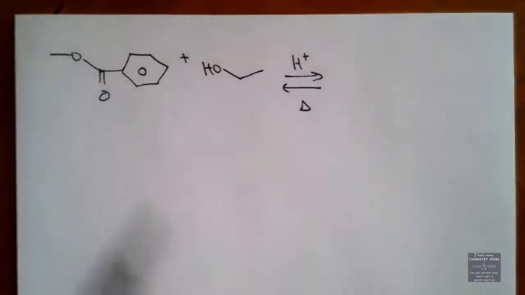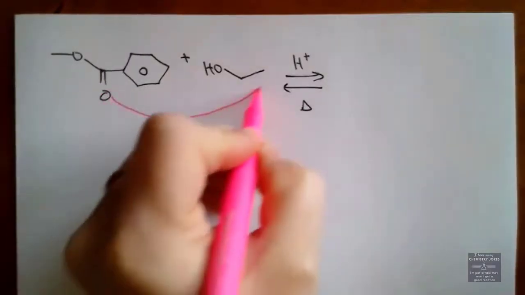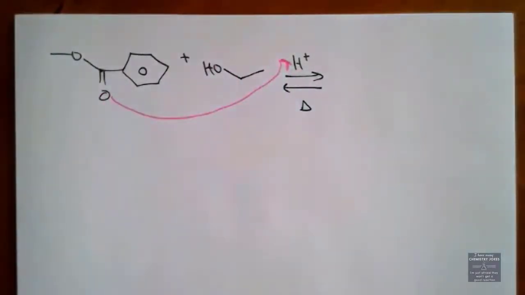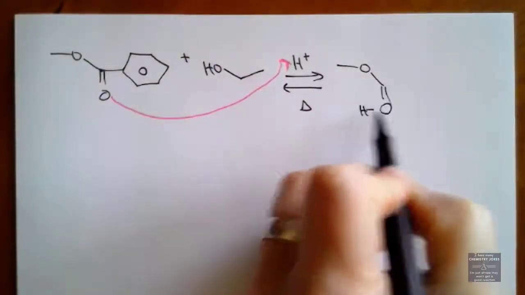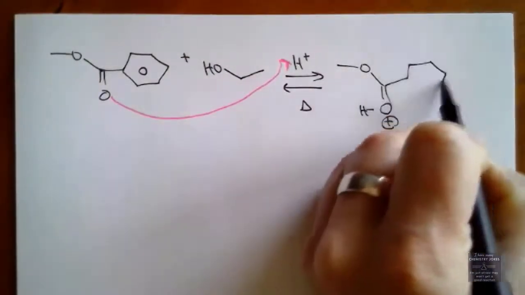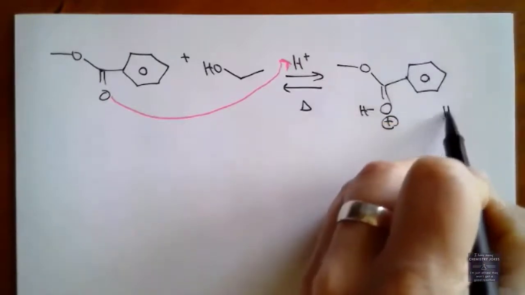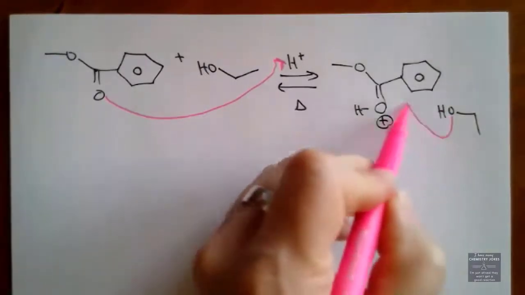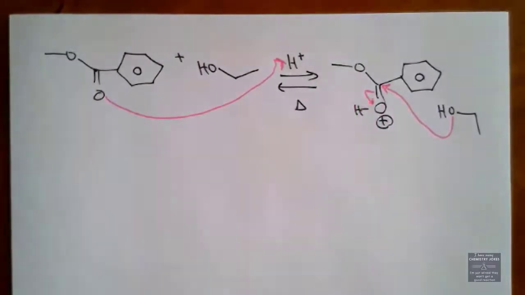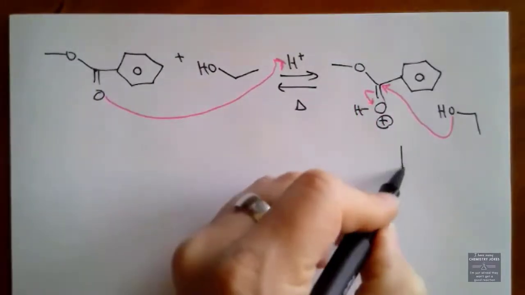And so what we do is we protonate that carbonyl oxygen. Because protonating that carbonyl oxygen causes that carbon to have more partial positive character, making it more susceptible to attack at the carbonyl carbon, like that.